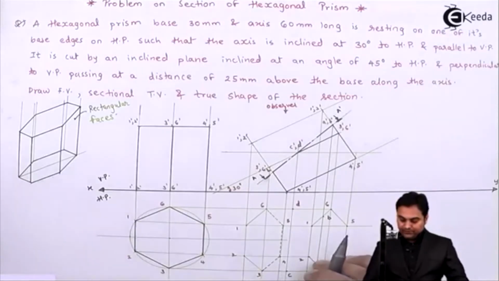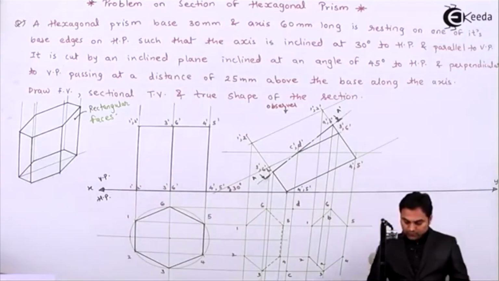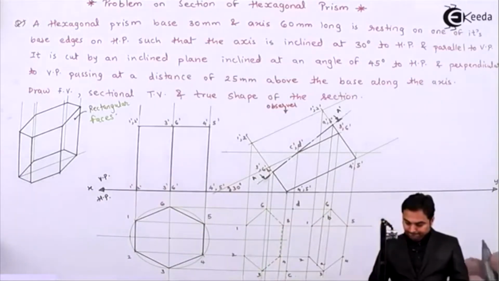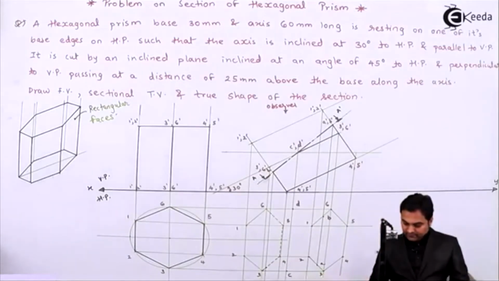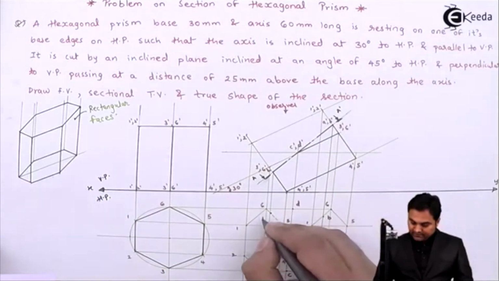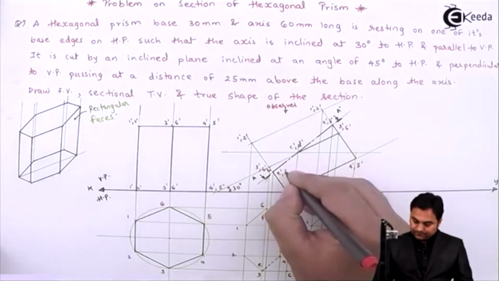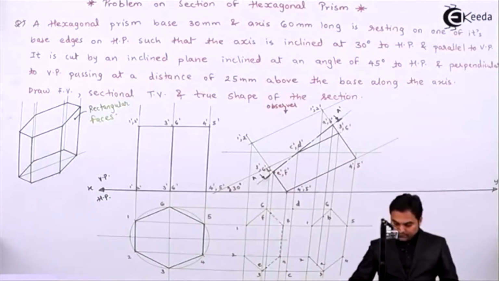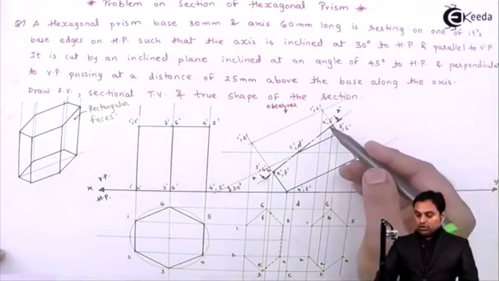So projecting the point downwards, where it is cutting 3 and 4, I'll give that point as point E, and where it is cutting 5 and 6, I'll give that as F. So we have E dash and F dash here at this location.